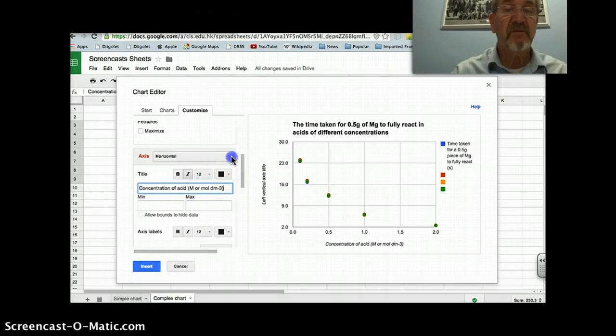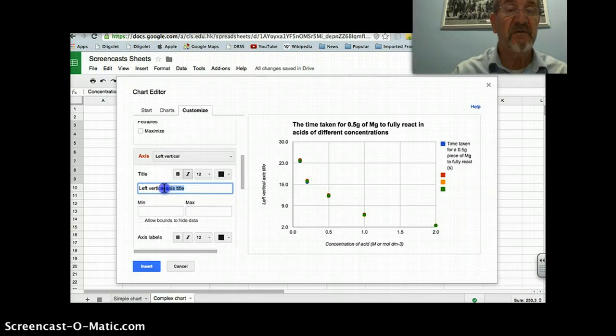And then if I go through and put the vertical axis in, it of course is the time taken for the full reaction. And that of course is measured in seconds.